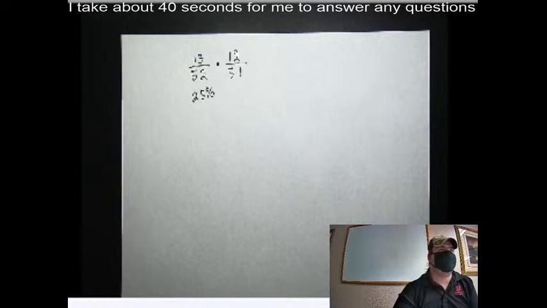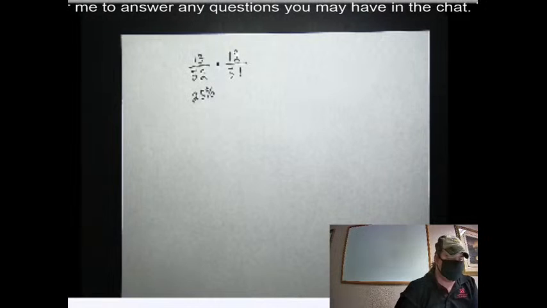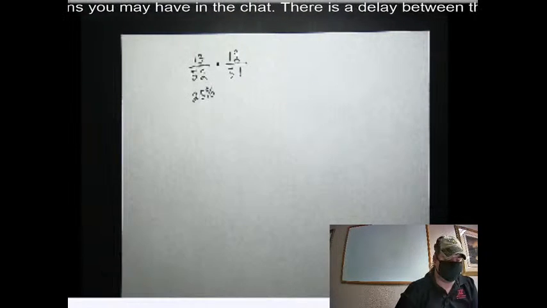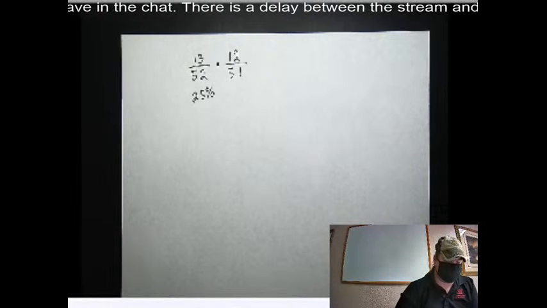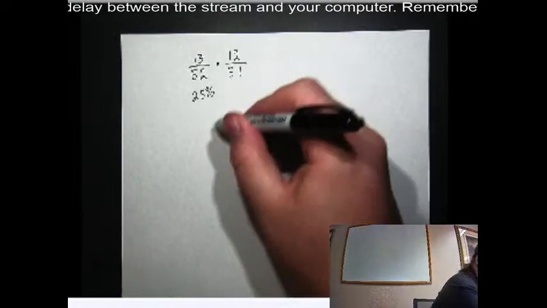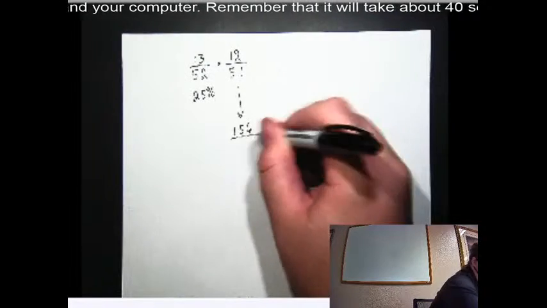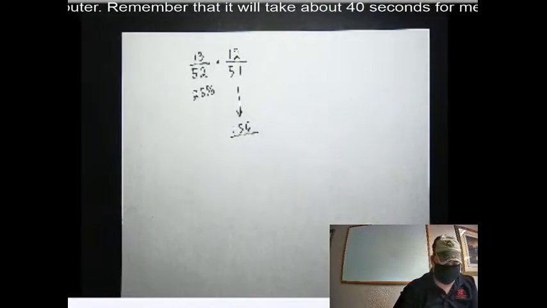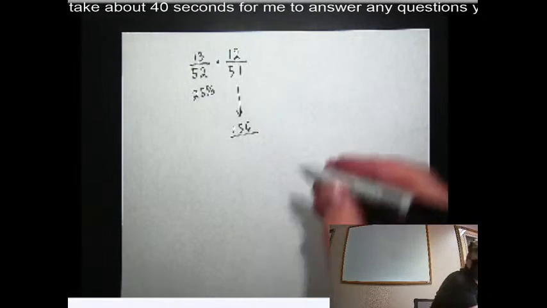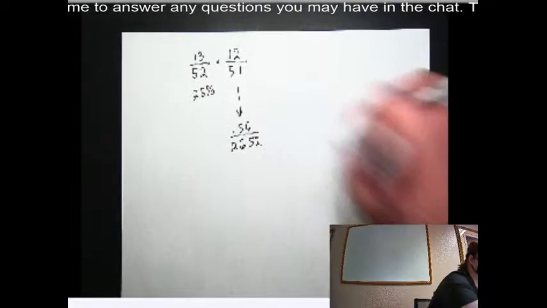Okay, well again, we need to multiply this to see what our total probability is. So 13 times 12 is 156, over 52 times 51 is 2,652.